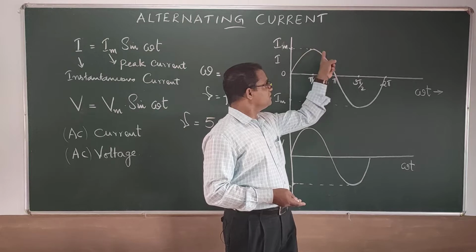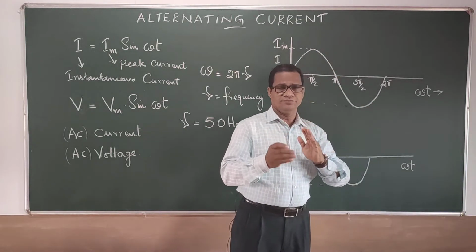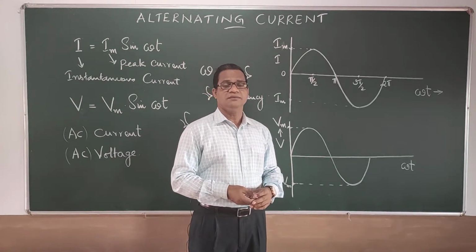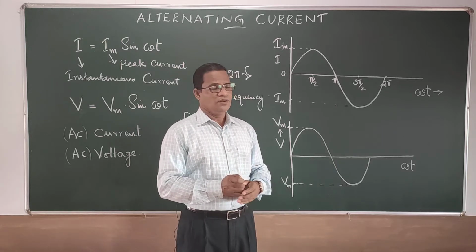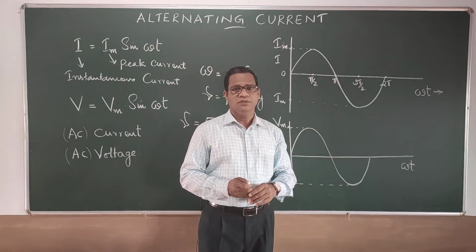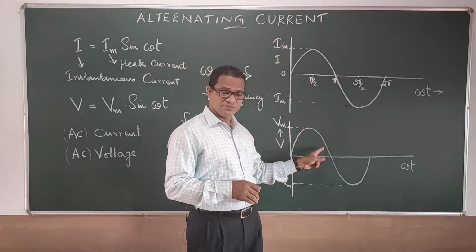So here is a positive half cycle, then it comes to the negative, again goes to positive, like that. Alternating voltage, we can say, is the voltage which is varying continuously and periodically reversing its direction.